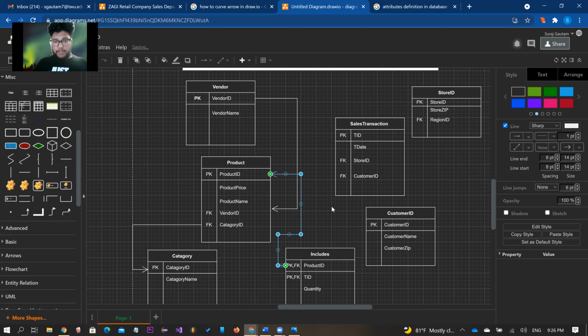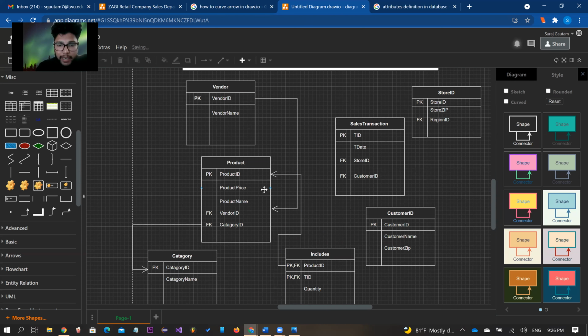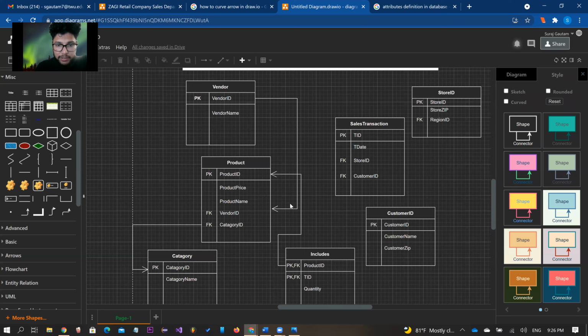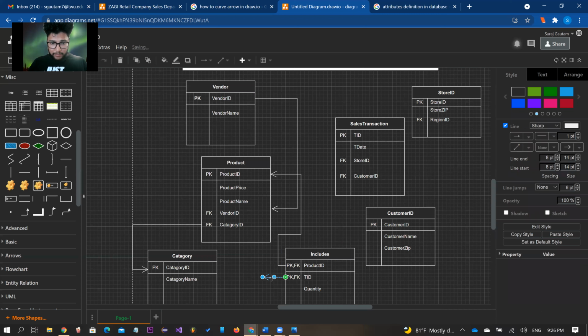Okay. So product ID is linked with the includes. So it's basically a one to many relation. Same thing with TID.